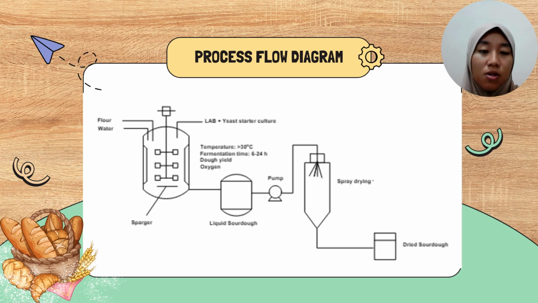And then it goes through to the liquid sourdough. The sourdough will be in the liquid phase, and then goes through to the spray drying by the pump. After the spray drying, it becomes the dried sourdough. So the sourdough is ready to use.